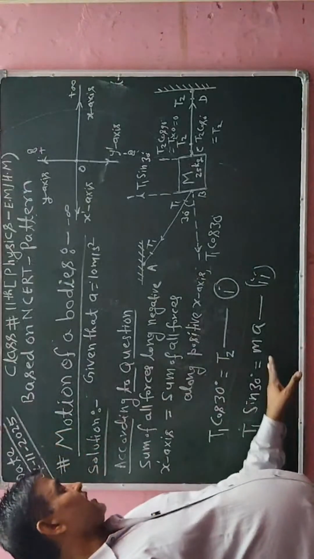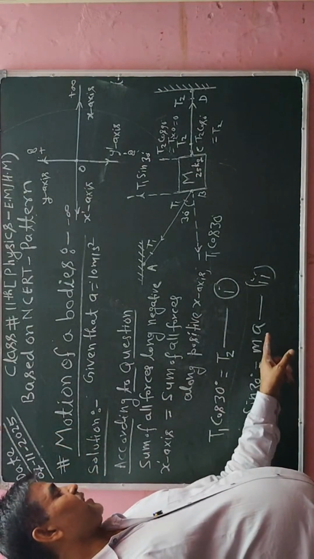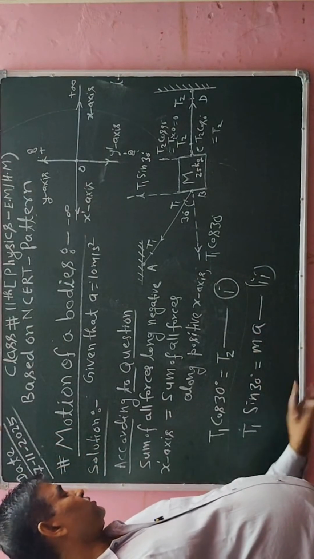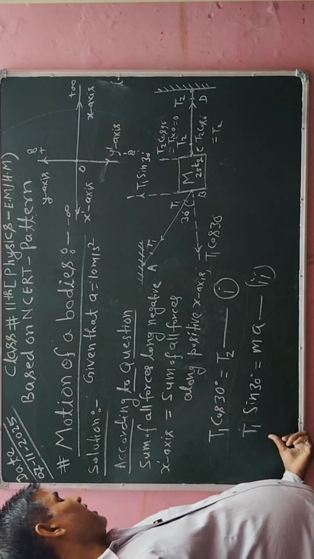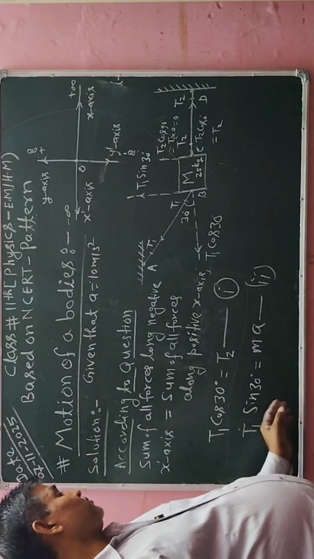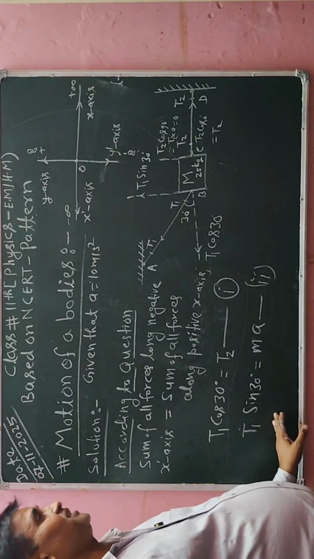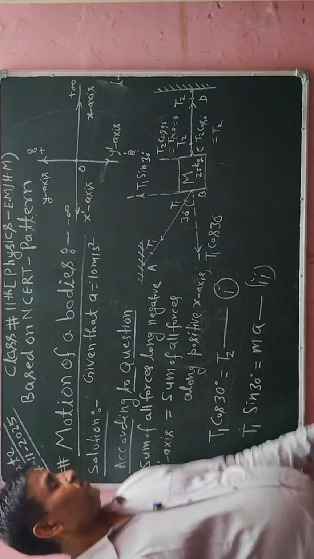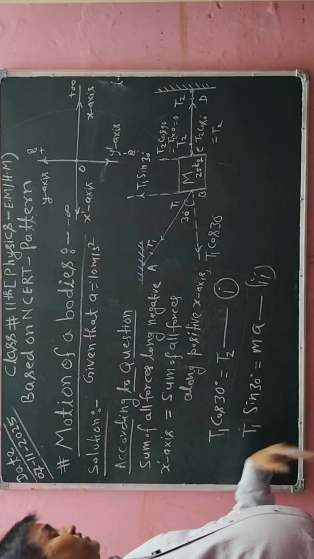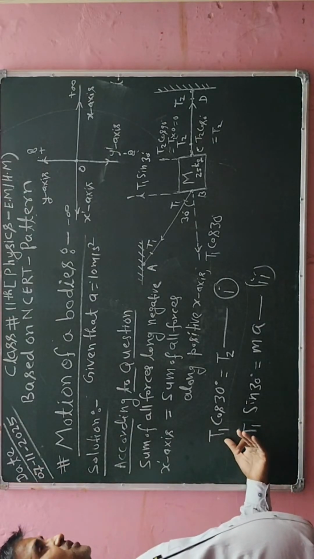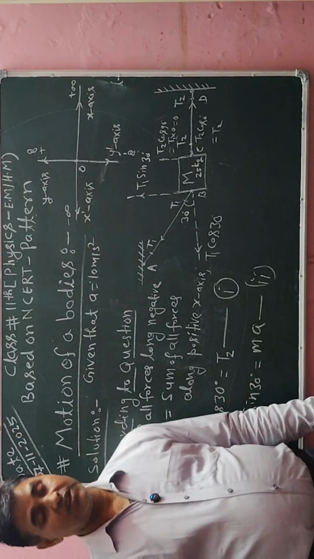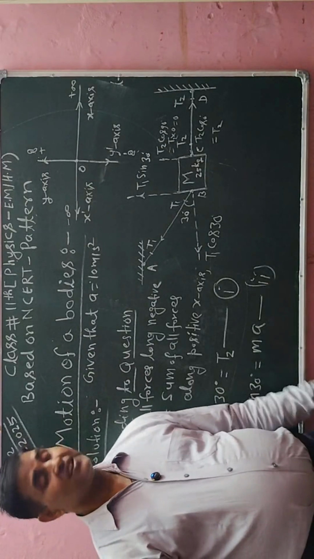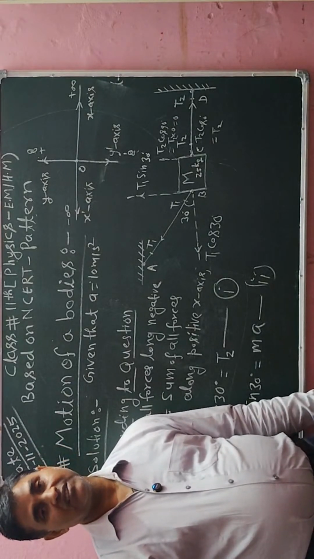So the value of m I know, the value of a I know, and the value of sine 30 degree I also know. So I will simplify equation number 2, then we will get the value of T1. When we get the value of T1, I will substitute its value in equation number 1, and after simplification I will get the value of T2. These are the required steps to calculate it.